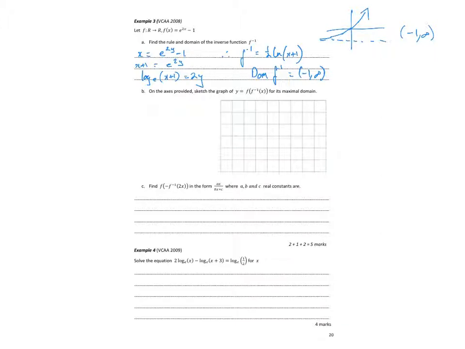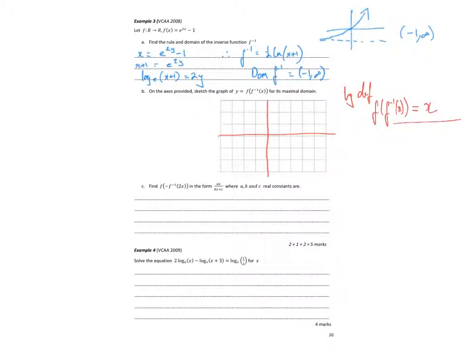On the axes provided, sketch the graph of f inverse of x for its maximal domain. So that's a composite function, isn't it? And what you may or may not realize is that f of f inverse, by definition, f of f inverse of x is equal to x, okay?